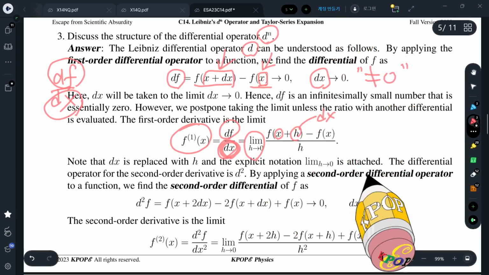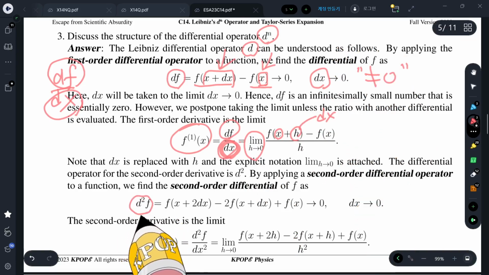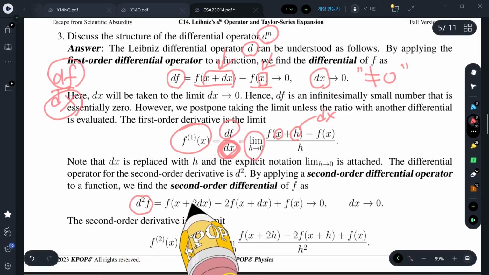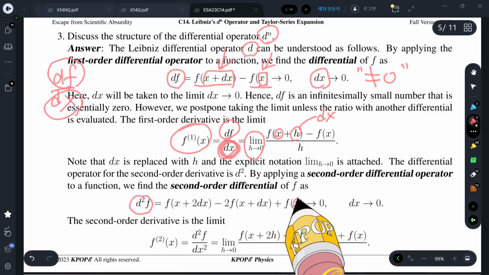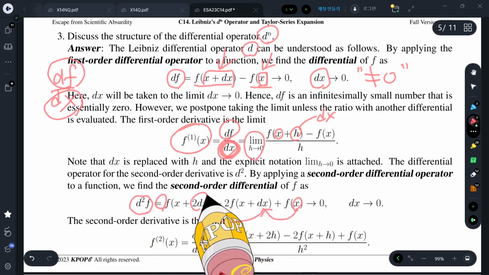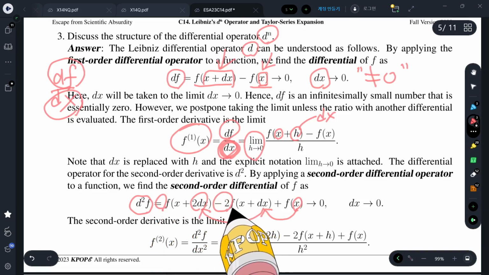What about the case of the second order derivative, the d squared operator? What we learned is to shift this by h and h, with factors of 1, minus 2, 1.